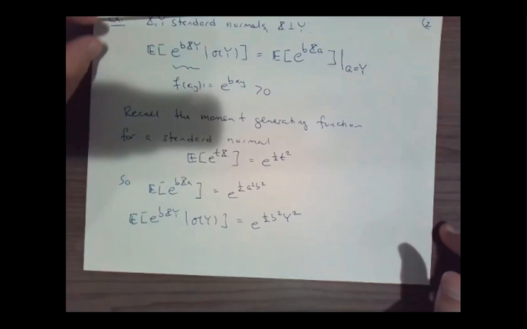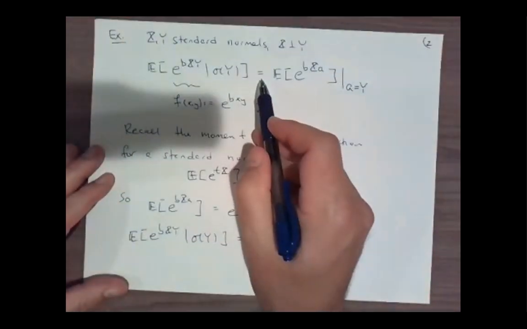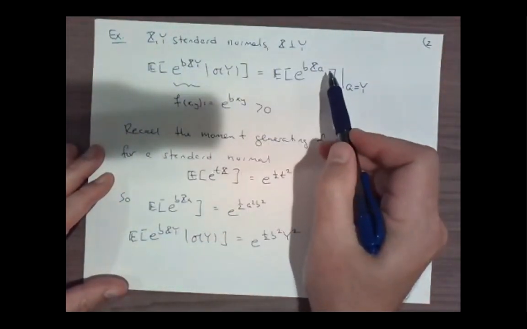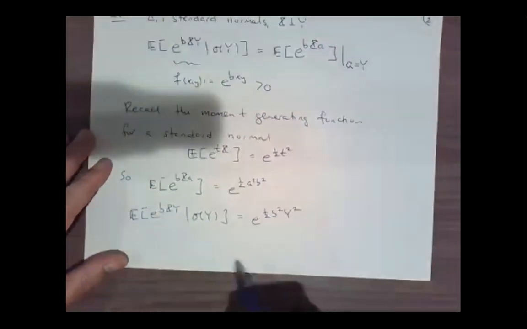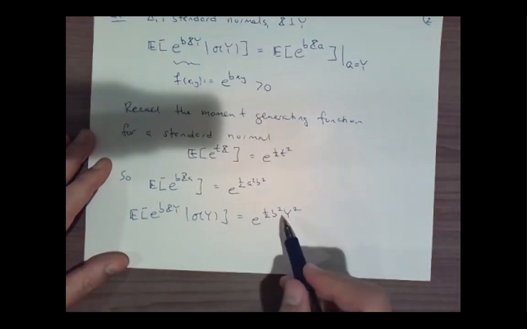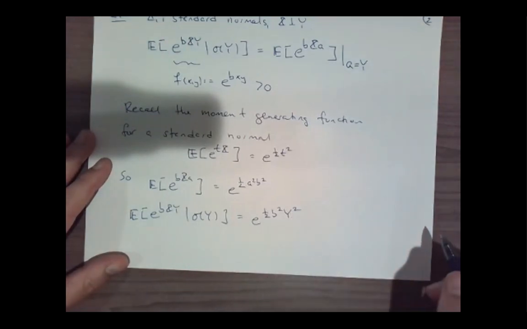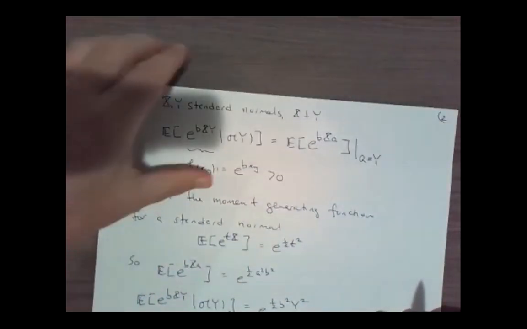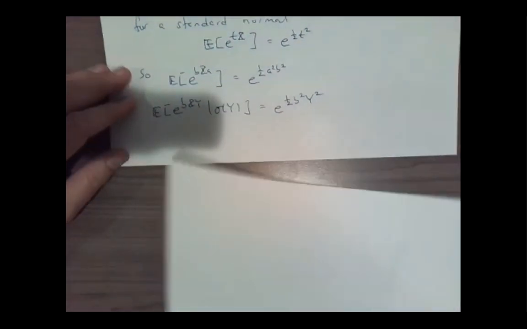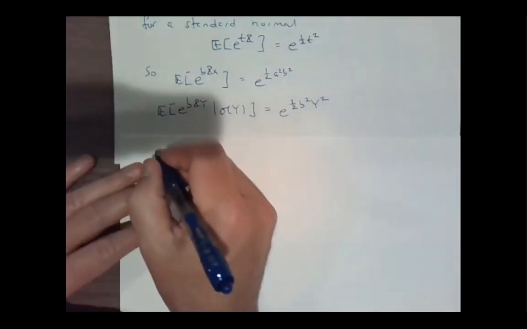Okay. So that's what this formula here means. You compute this expectation, and when you're done computing it, you replace a with the random variable y. And this can be used, for example, to study this particular question, which was part of a longer list of questions.